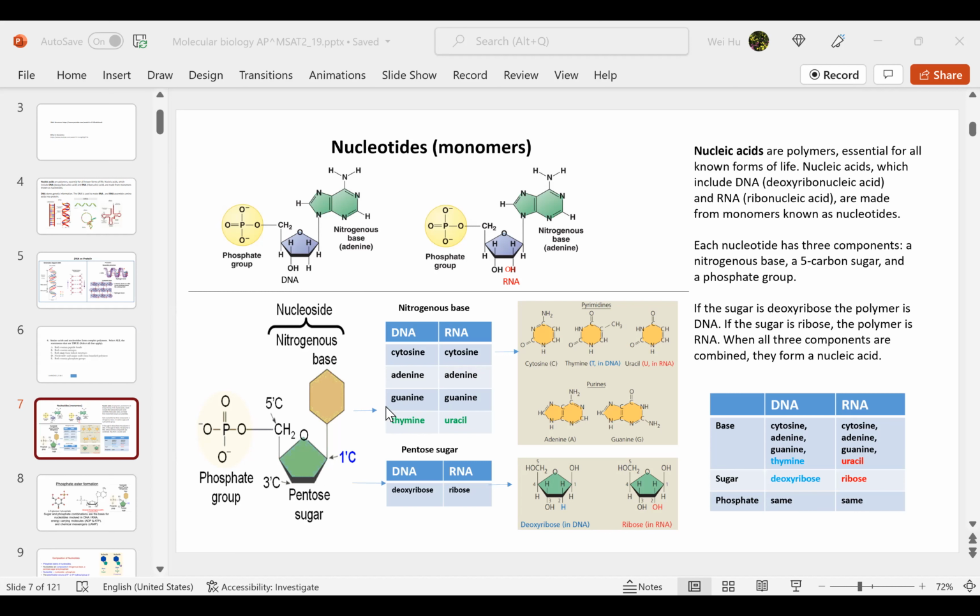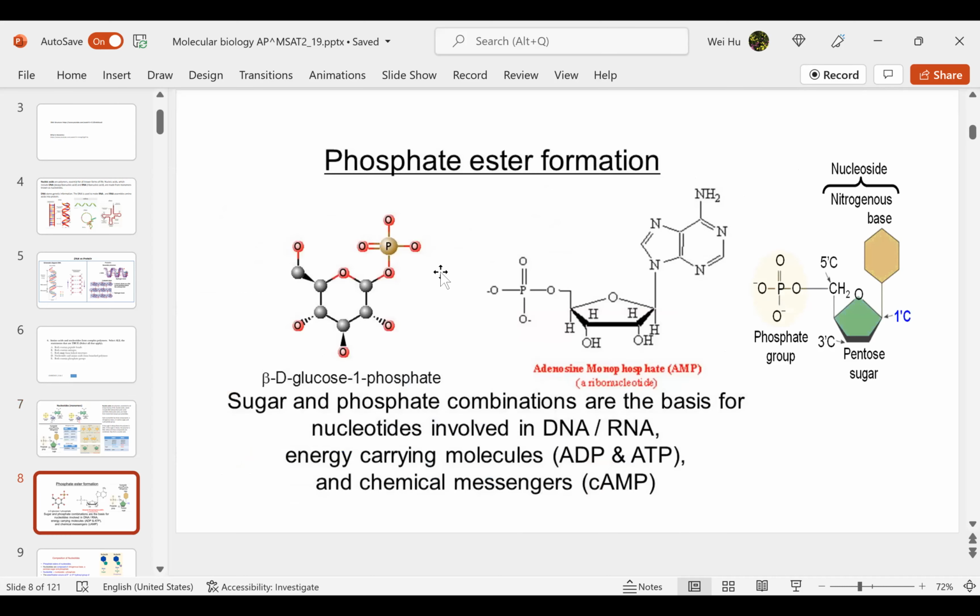You can then divide those nitrogen bases into two types. Number one is called pyrimidine. Pyrimidines only have one ring, and they are C, T, and U. Purines have two rings, and they are A and G, okay? So we just talked about this nucleotide.